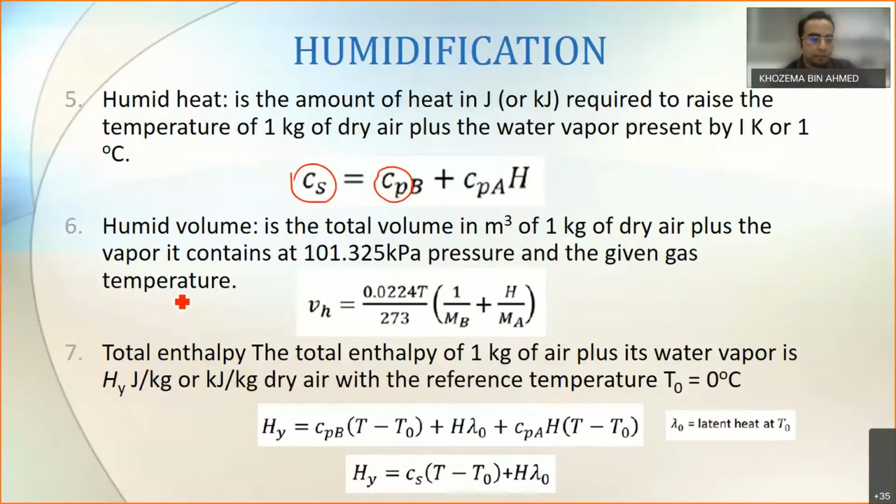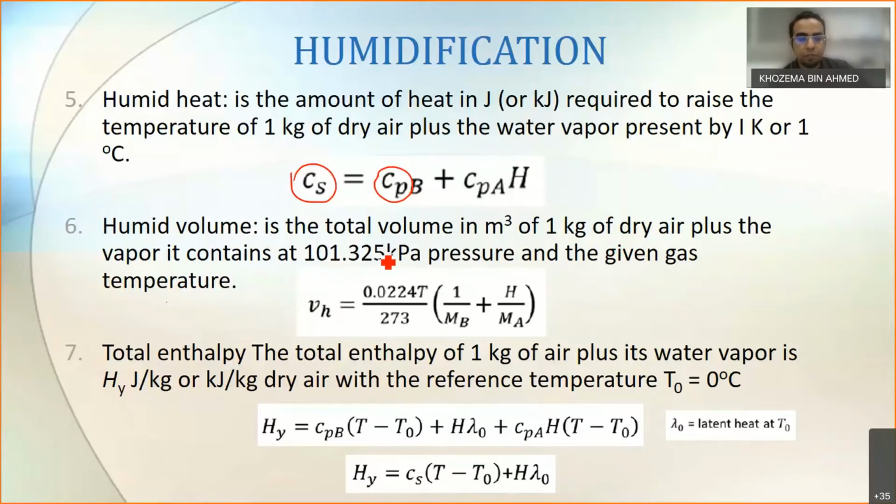Okay, the next definition is going to be humid volume. So the definition is that humid volume is the total volume in meter cube of 1 kg of dry air plus the vapor it contains at 101.325, which is actually again our ATM, atmospheric pressure.